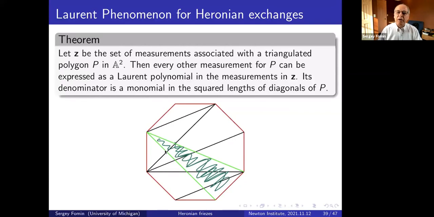And in the denominator, we will only have squared lengths of diagonals. So these signed areas won't appear, because they are just combinatorial information. They're not as algebraic as the rest. Okay, so that's the end of the story about Heronian friezes.